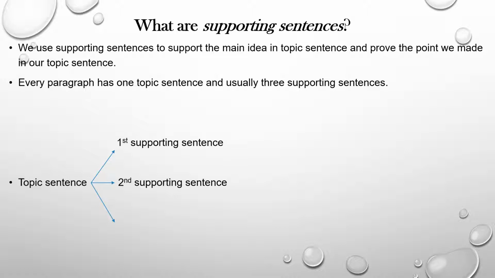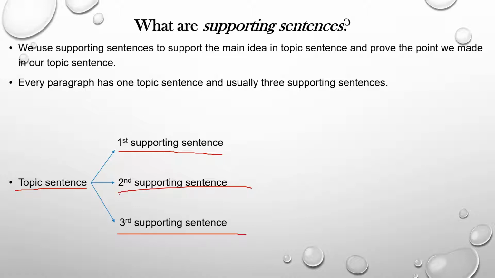And this visual actually helps us with how an academic paragraph looks like. One topic sentence, as you see here. I can underline that for you. One topic sentence, and then we'll have 3 supporting sentences. First, second, and third supporting sentence in every paragraph.